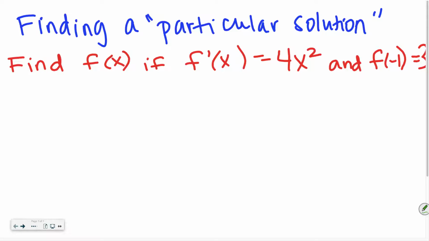Okay, so if we have the derivative, how do we get to f? We have to take the antiderivative. So our function f is going to be the antiderivative of 4x squared.